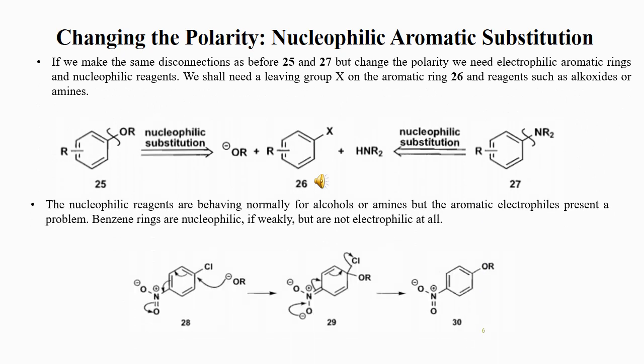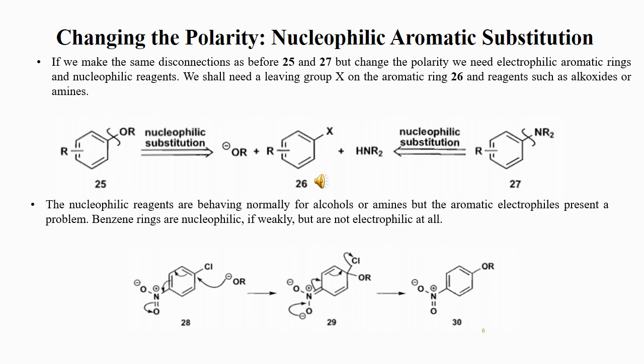Now as we have seen electrophilic aromatic substitution before, now if we are having substituents on the benzene ring, if we do the disconnection, then they are negative synthons, synthons with the negative charge.